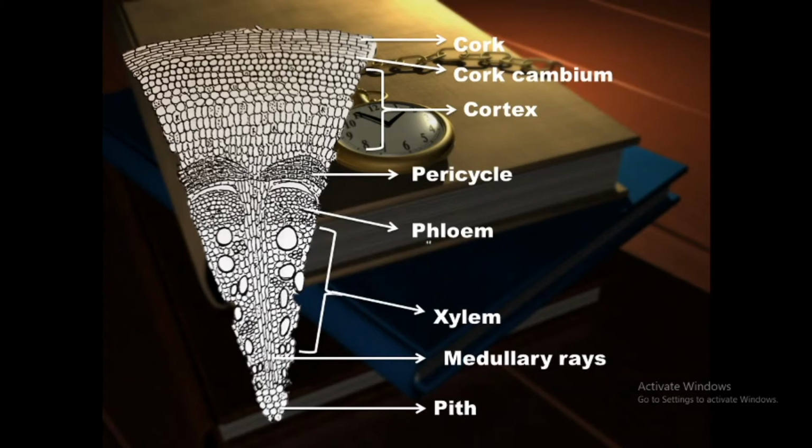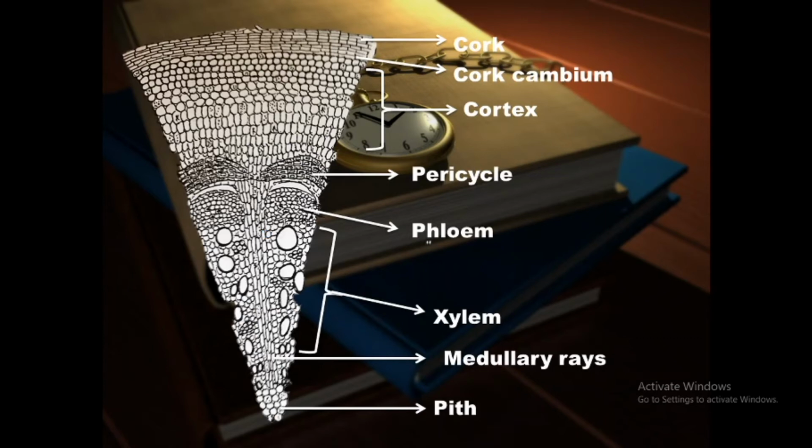So the xylem contains medullary rays. Here you can see central medullary rays. These medullary rays appear like spokes of a wheel. A bicycle wheel contains spokes, and so these medullary rays appear like spokes of a wheel. Here you can see elongated medullary rays present in the xylem.